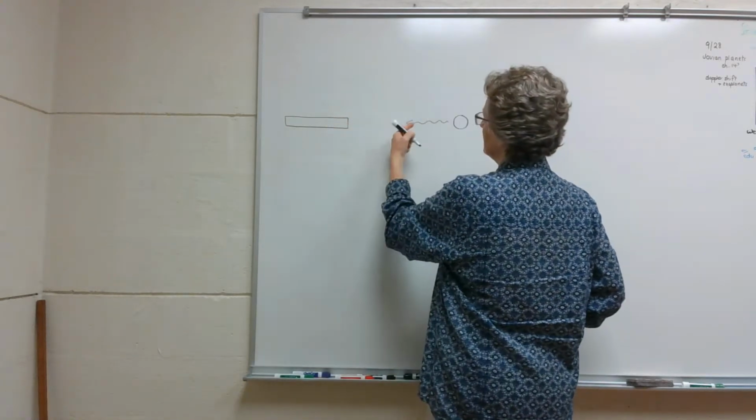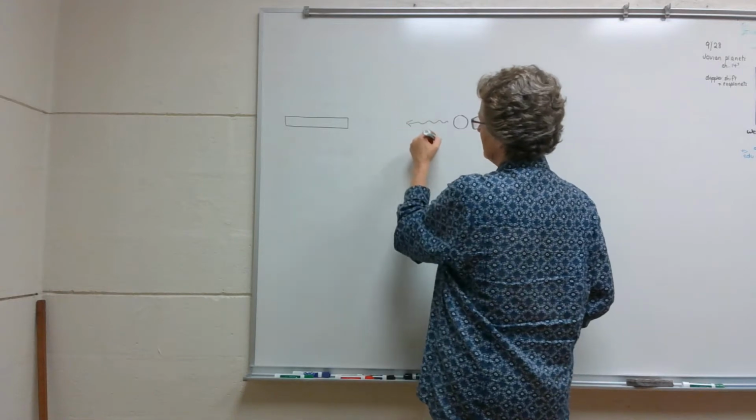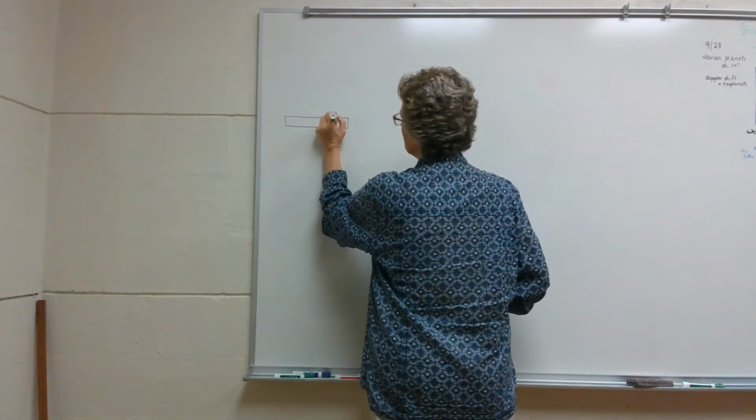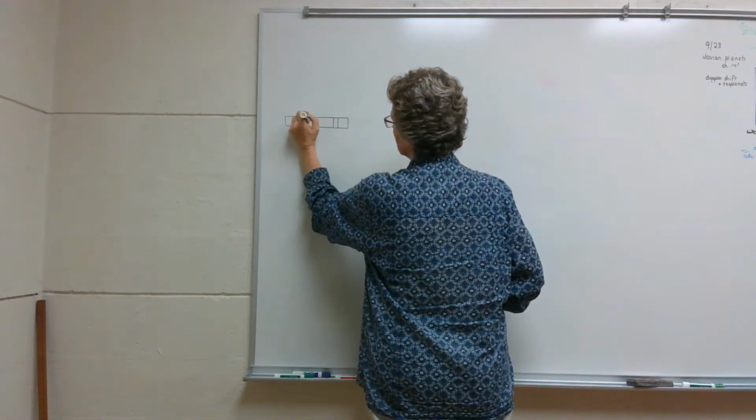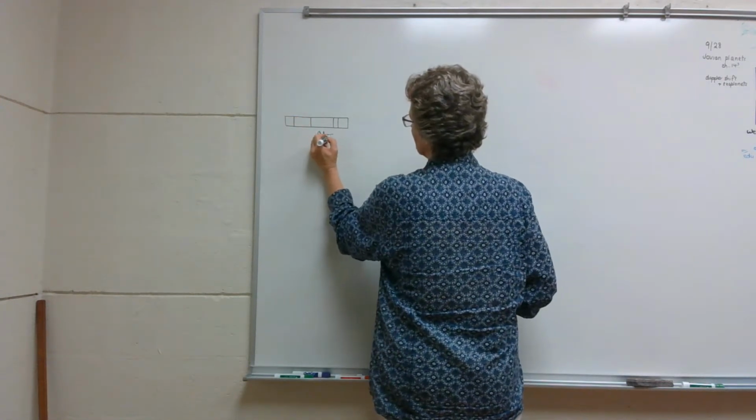And if we are looking particularly at a star and maybe looking at its atmosphere, then we're going to get absorption lines in our spectrum. Okay, so this corresponds to absorption.